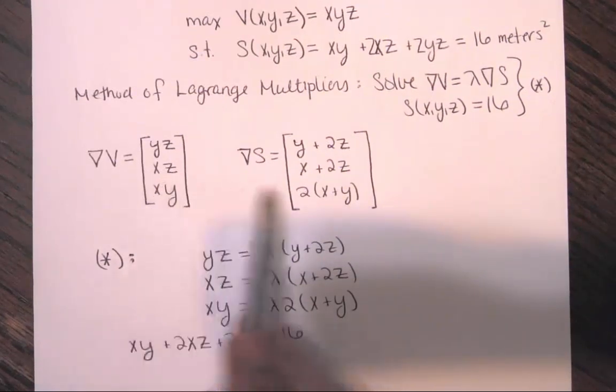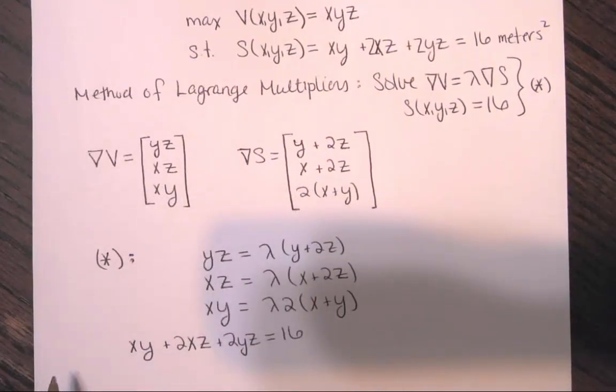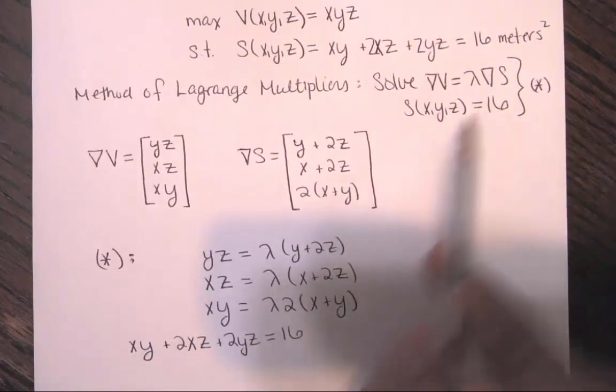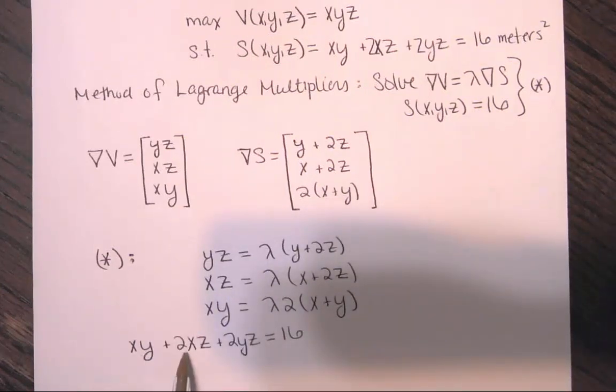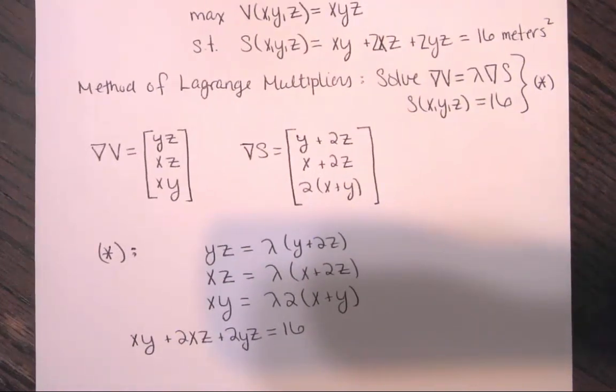That's setting these two vectors to be parallel. And of course my last equation is xy plus 2xz plus 2yz, right? The surface area equation equal to my constrained surface area of 16. So I have 4 equations and I have 4 unknowns, x, y, z, and lambda.